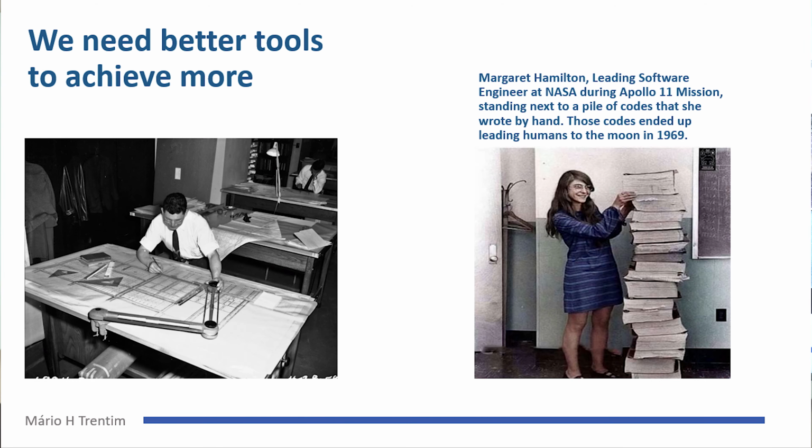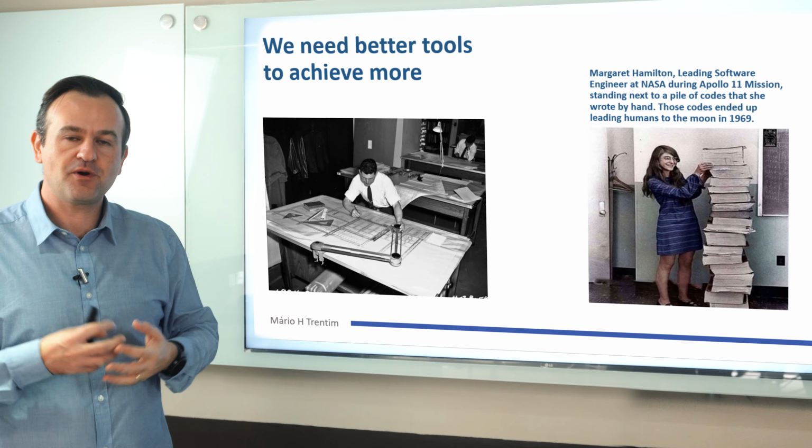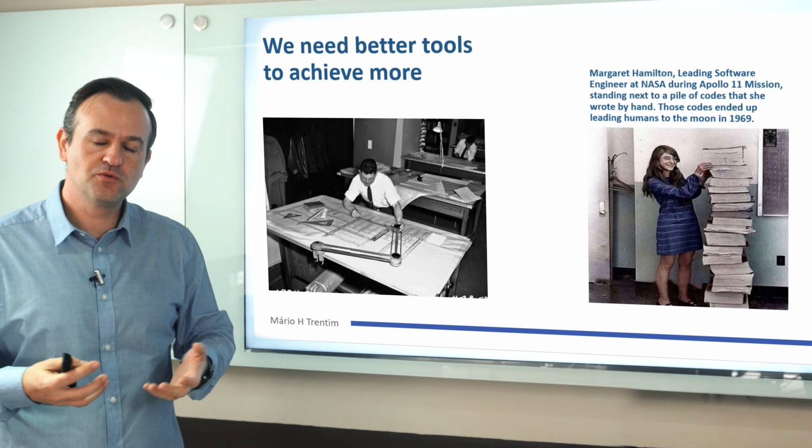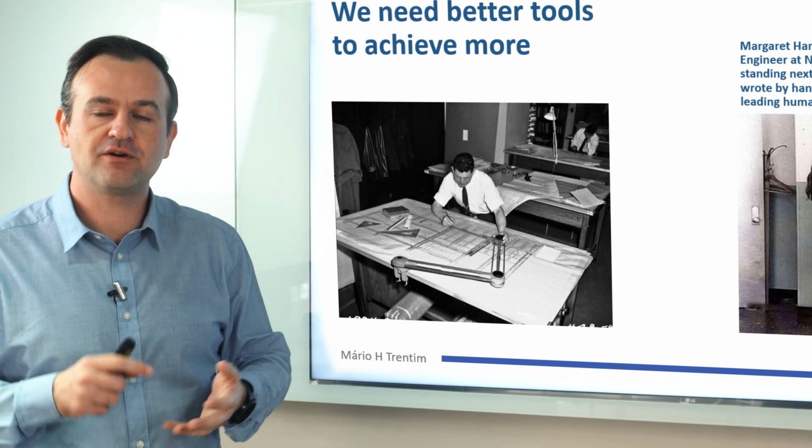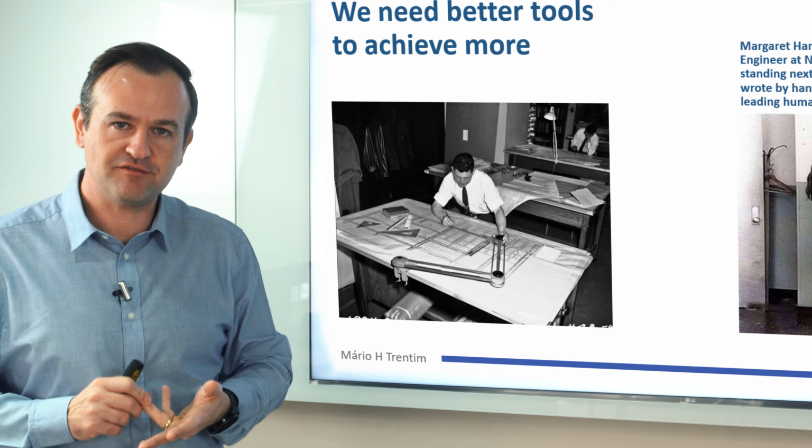We have examples like Margaret Hamilton leading software engineering at NASA during the Apollo 11 mission, standing next to a pile of code that she wrote by hand. The problem in not using software tools today is that you waste a lot of resources. It's a matter of effectiveness and competitiveness.